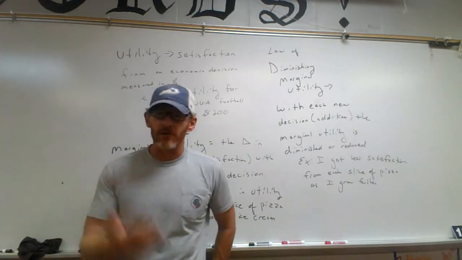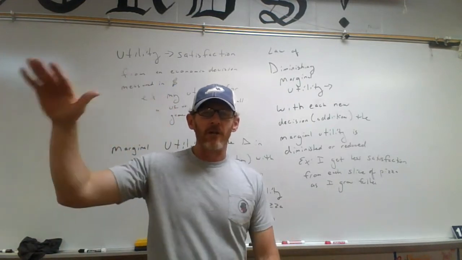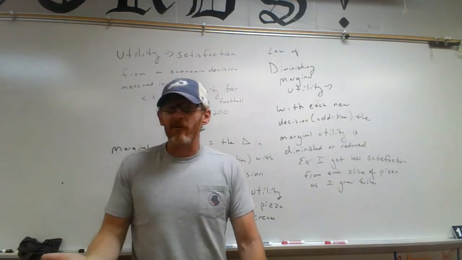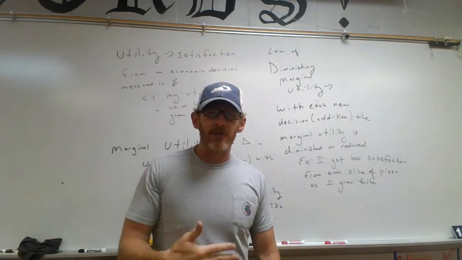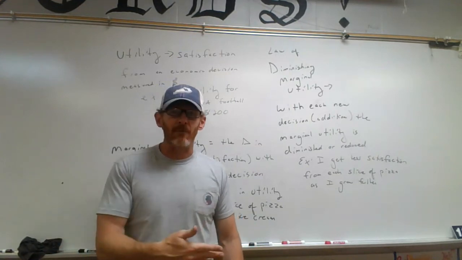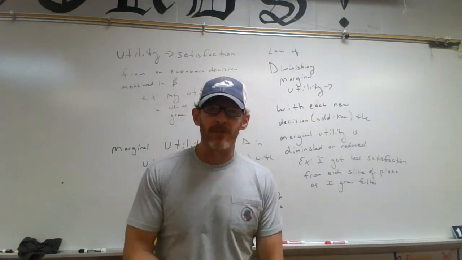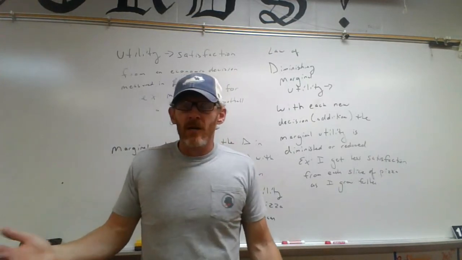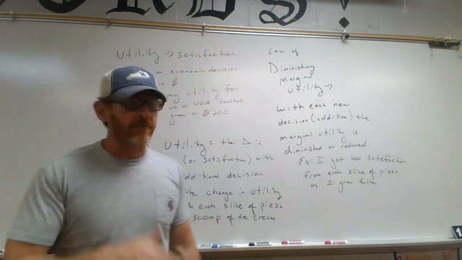Maybe I'm watching UK-Georgia live, my utility is $200. But then my marginal utility for the next one, having already seen it once live, maybe would be $20. And maybe the third time, which I've already now seen it twice, I know what all the plays are, I know what's going to happen, I know when they're going to score, maybe my marginal utility is $5. And so every time it goes further and further down.